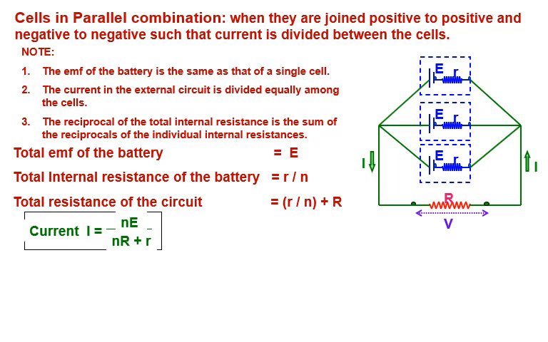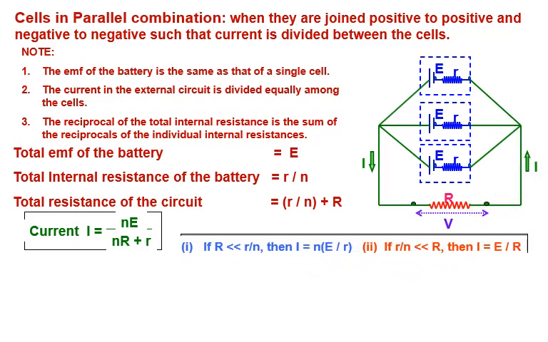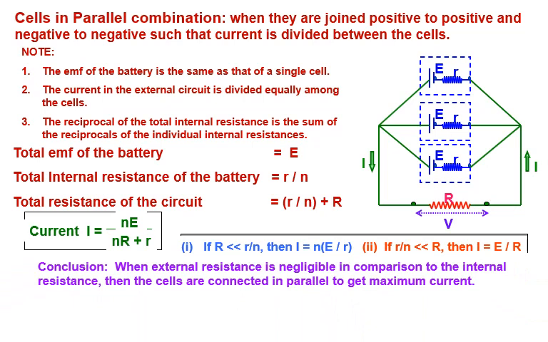And the current I will be equal to nE upon (n capital R plus small r). And if the external resistance is negligible in comparison to the internal resistance, then the cells are connected in parallel to get maximum current.